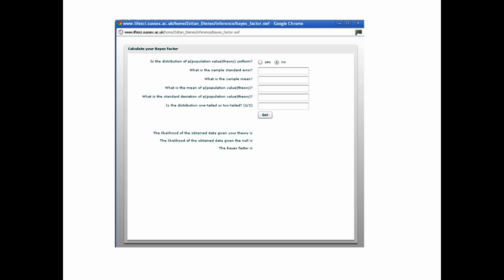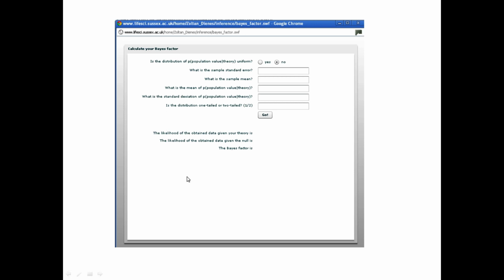So now, if you say no to uniform, then it assumes a normal or half normal. The default setting I have there for the mean of that normal or half normal is 0. For the tails, that's whether it's a half normal or a full normal: you put in 1 for the half normal, 2 for the full normal.